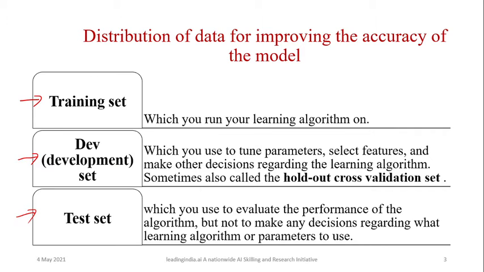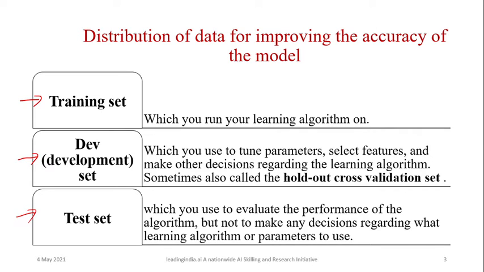Let us understand what is the role of each individual set. We have already seen the life cycle of deep learning. In the life cycle we have seen we have data, then we need to process the data. After processing the data, we need to divide this data into three sets. The role of the training set is to train the entire model.